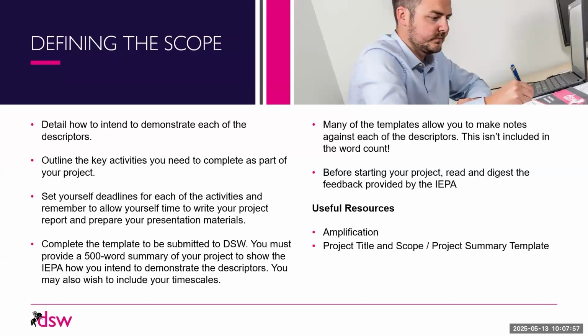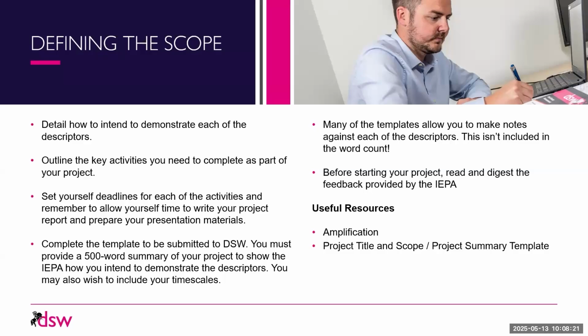Absolutely, yeah. So the type of feedback that you tend to get from your IEPA will be something along the lines of letting you know whether the project scope will look at being able to meet the KSBs and the learning outcomes that you're working towards. And they'll probably give you a little bit of feedback around the project itself, but without being too developmental, so without giving you all the answers, because obviously we don't want to give you everything.